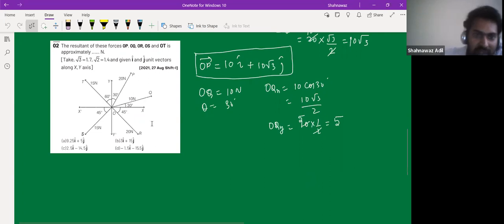So what was the other part? OR. Where is OR? So this is OR. And the important point is that the OR is associated with what? So let's be more clear.